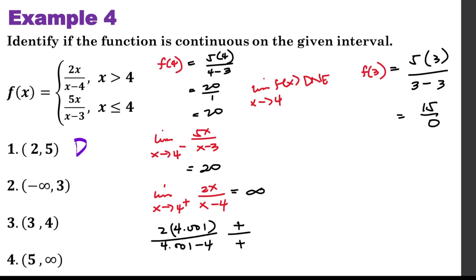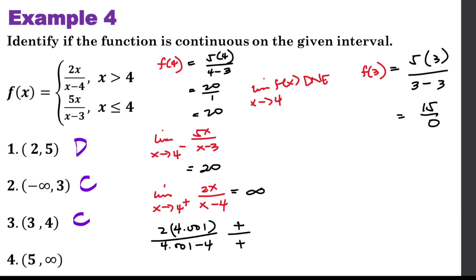For number 2, negative infinity to 3. This is continuous. Though we are discontinuous at 3, we're just referring to all the numbers between negative infinity to 3. So we are not including 3 in the given interval. For 3 to 4, this is also continuous.